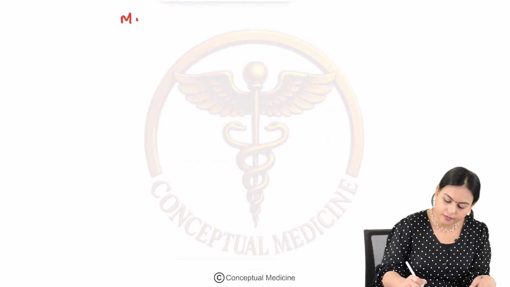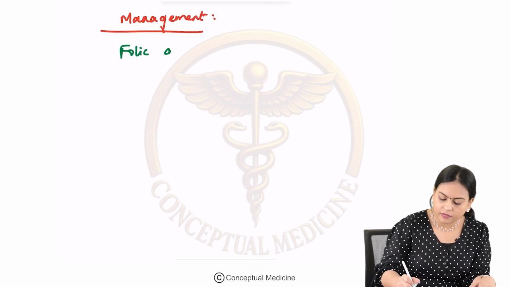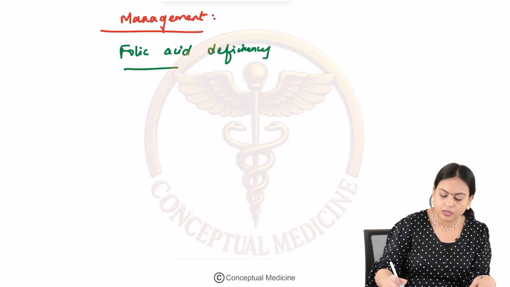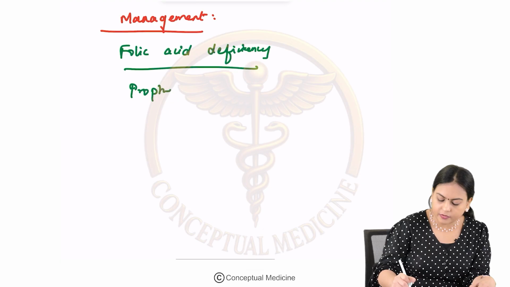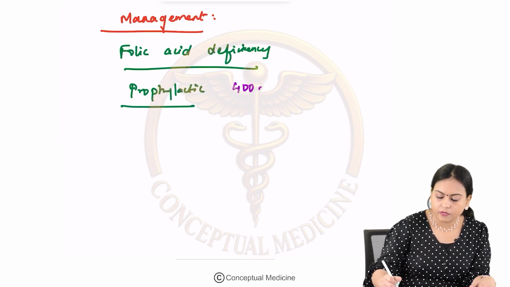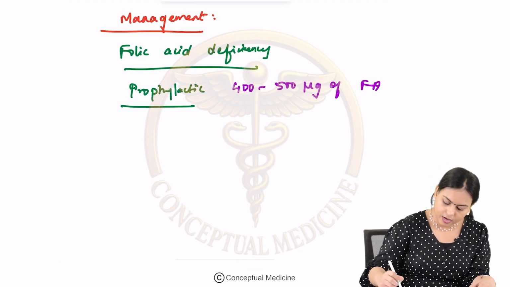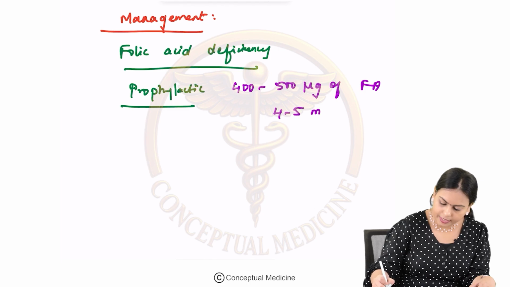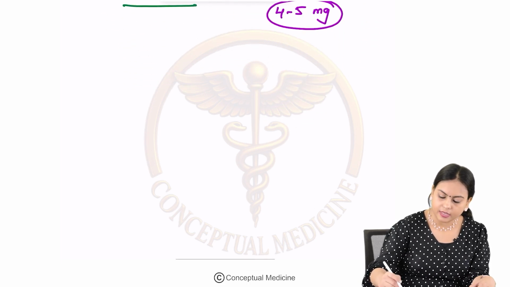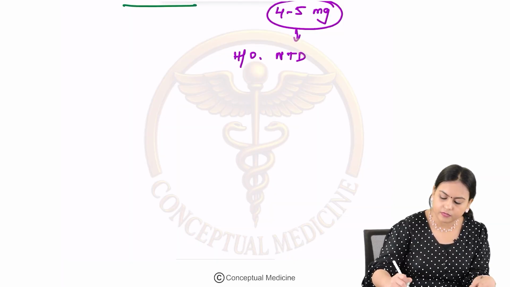So, management of folic acid deficiency. First, we will see the prophylaxis. Prophylactic measures of folic acid deficiency: you have to supplement them with 400 to 500 microgram of folic acid, and 4 to 5 milligram of folic acid is given if there is a previous history of neural tube defects.